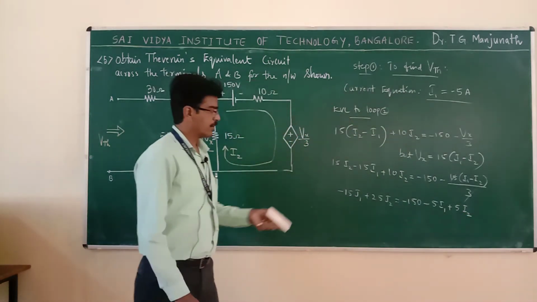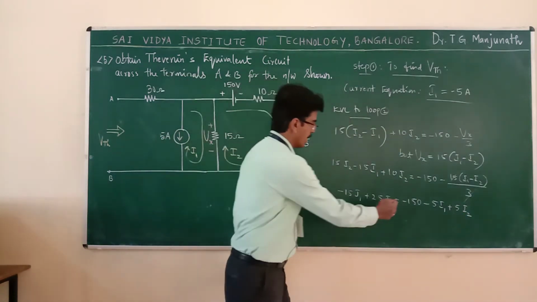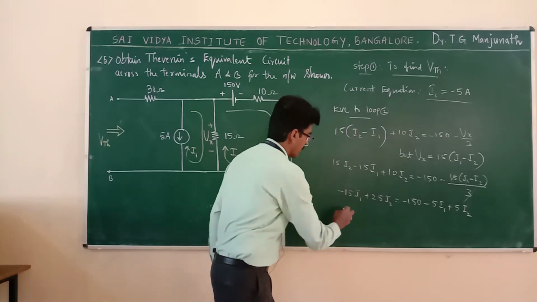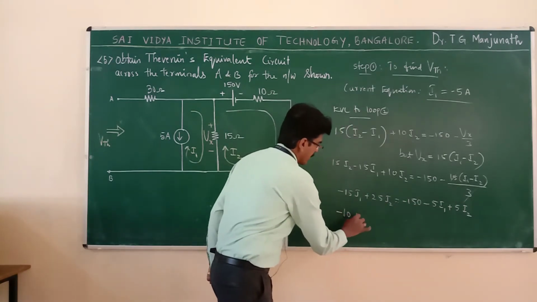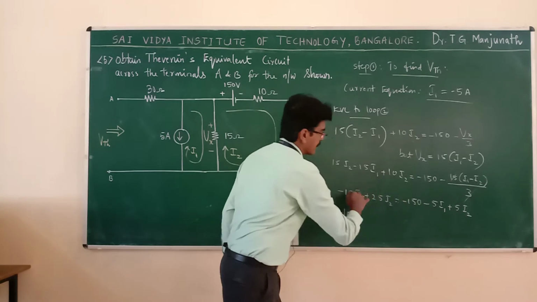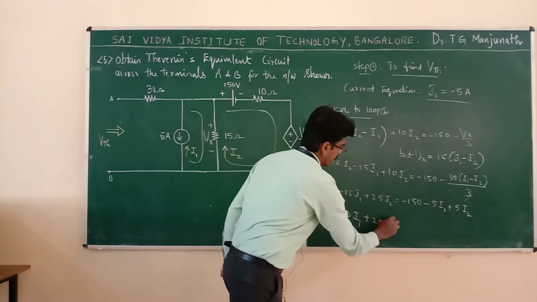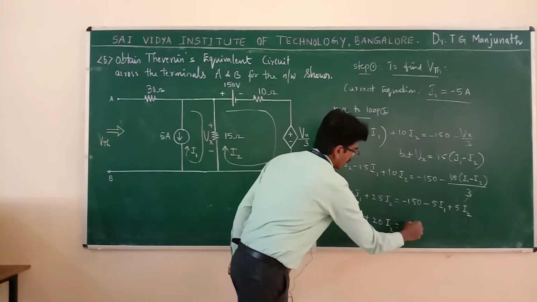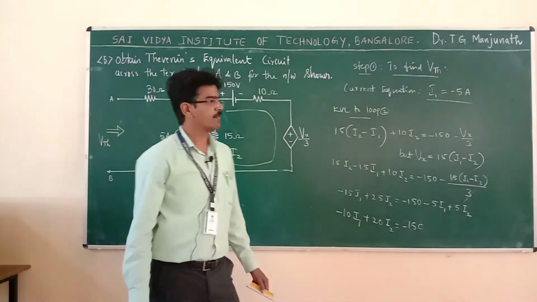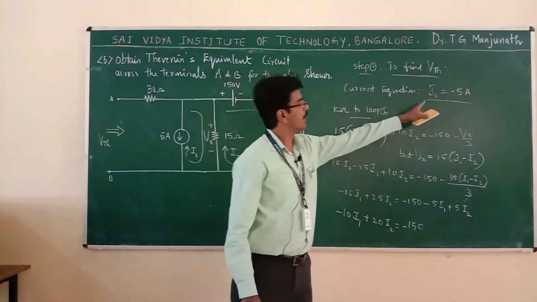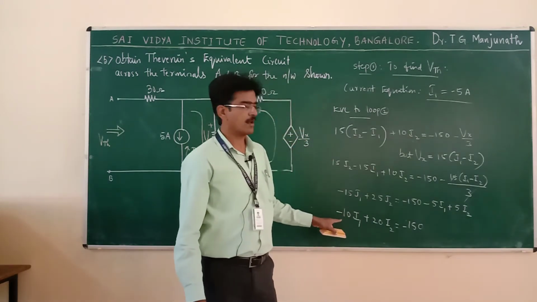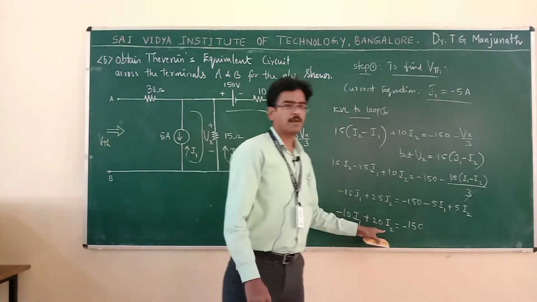Now I have to simplify this equation. It becomes minus 10 I1 plus 20 I2 is equal to minus 150. Since I know the value of I1, if I substitute it, I will get I2.